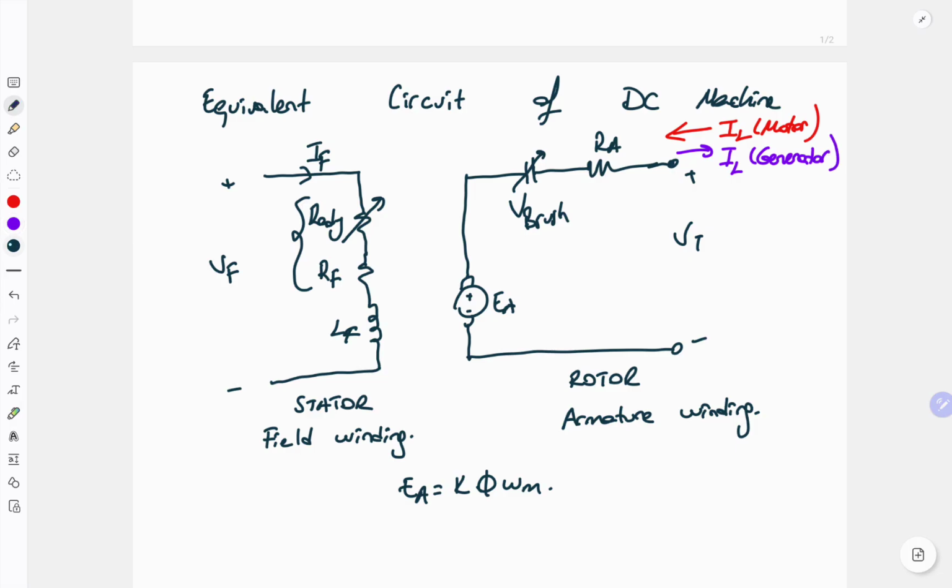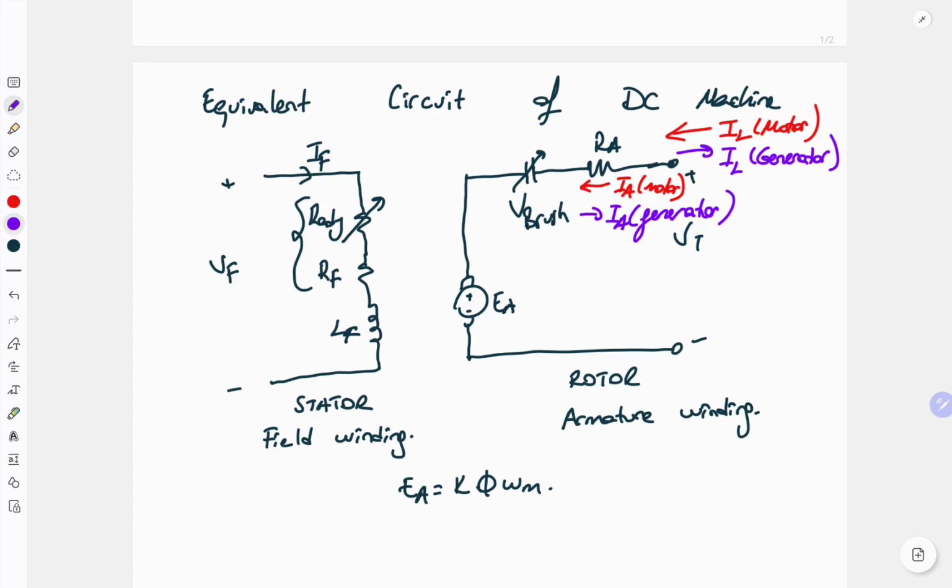For the armature circuit, also, after we apply the voltage, or in the generator operation, the current direction must change. For the motor and for the generator, armature current direction will be reversed.